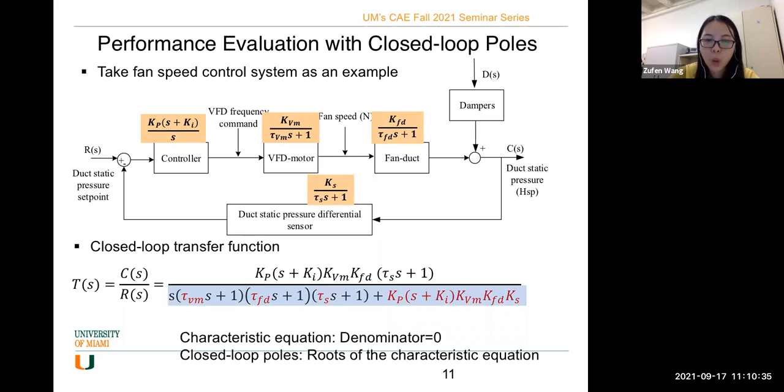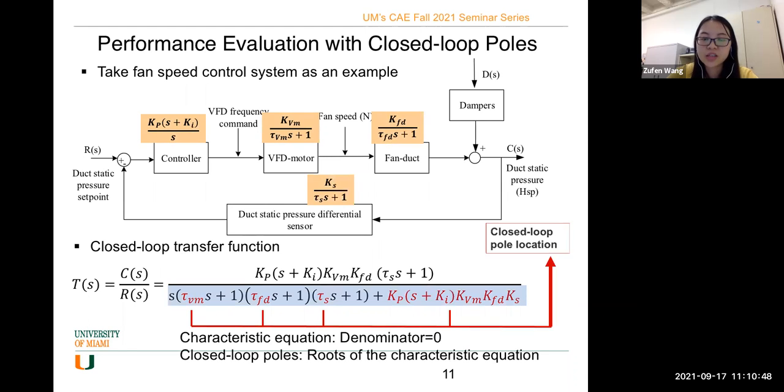And the closed loop poles, which are the roots of the characteristic equation, can determine its control performance. That is, the gain and time constant of each component, in addition to the controller, will determine the closed loop pole location, and the closed loop pole location can determine the control performance.